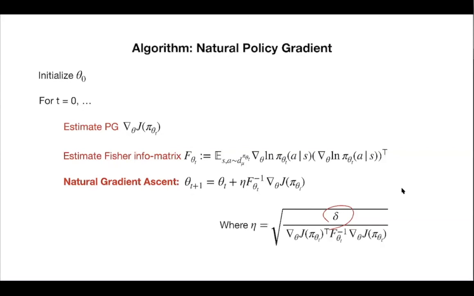But the trust region is well defined because it is a KL divergence between two distributions. So we're going to tune this delta rather than tune eta. That will make your life much easier when you implement NPG and tune hyperparameters.